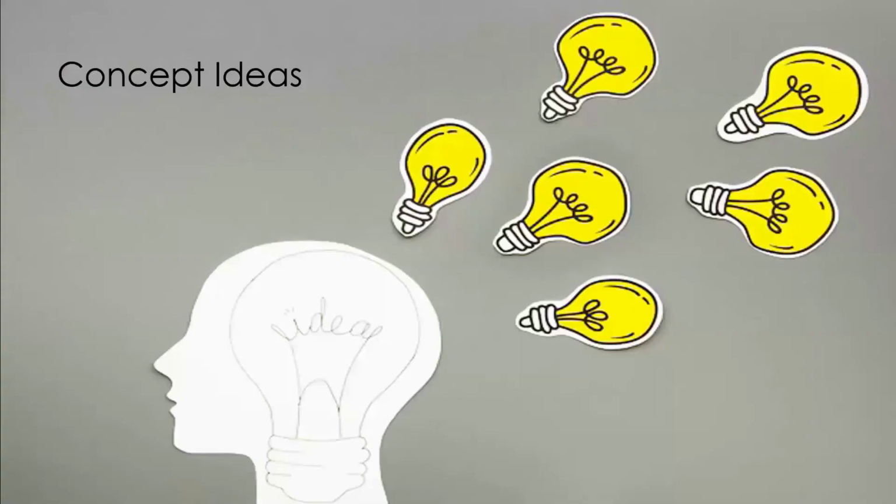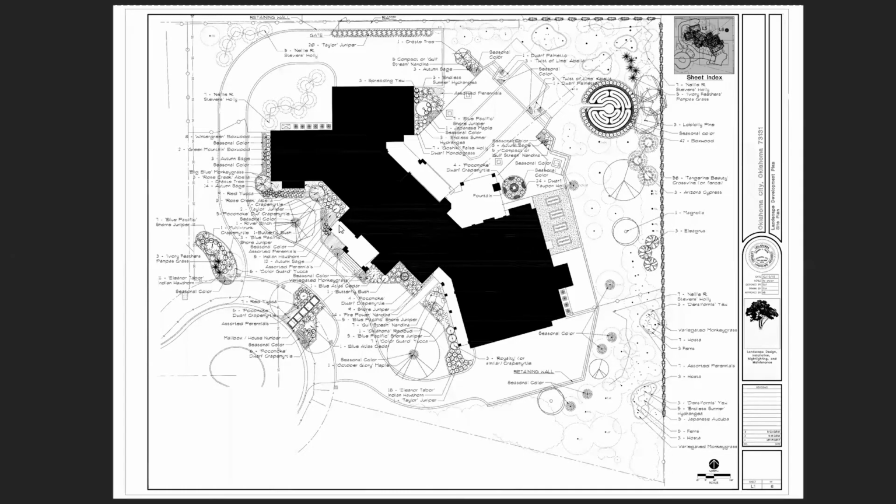So this is where I discuss with the client some concept ideas. For this house, I looked at the lighting plans and had a very good idea of what the plantings were, and because the dealer had sent me pictures, I had a good idea of what we were dealing with.